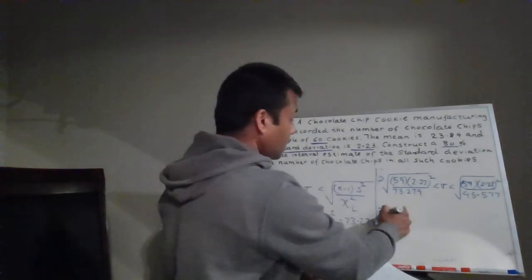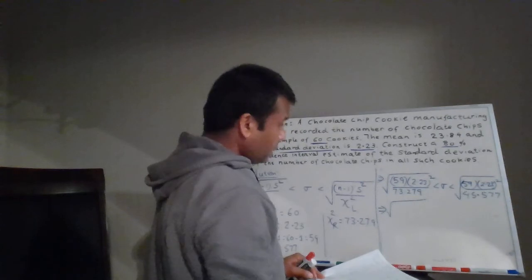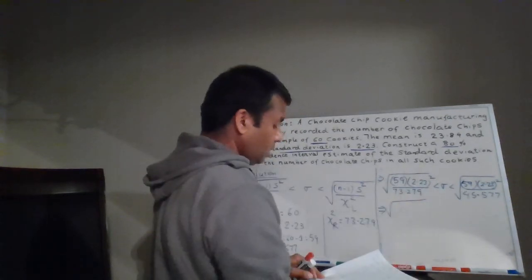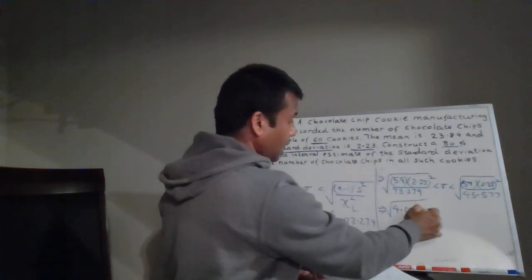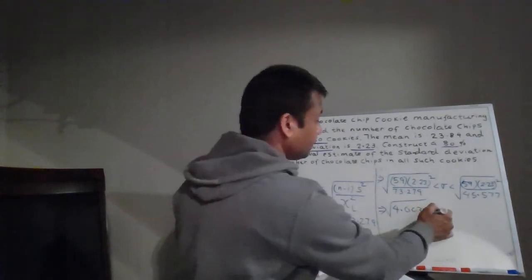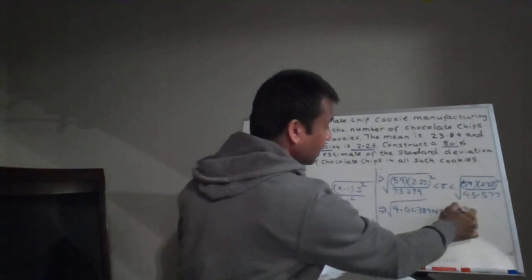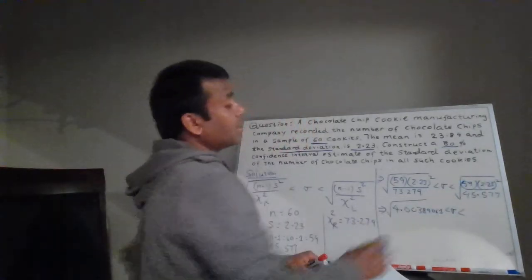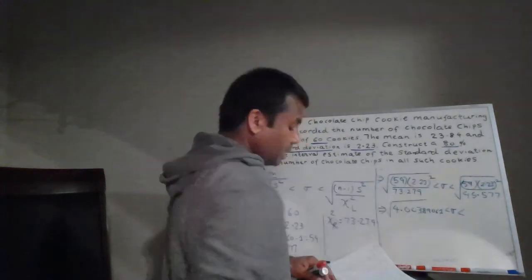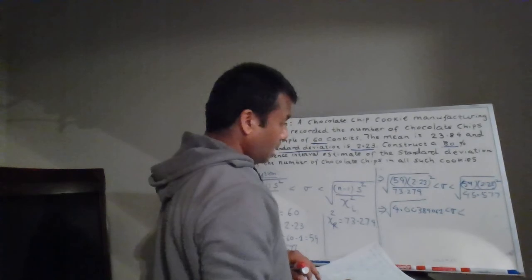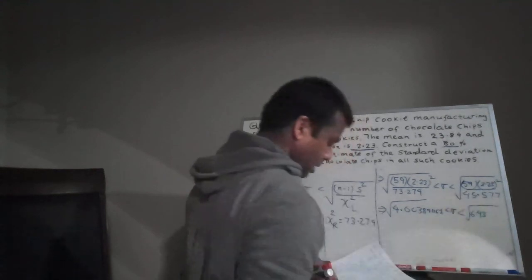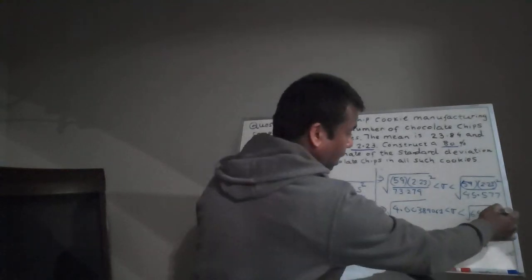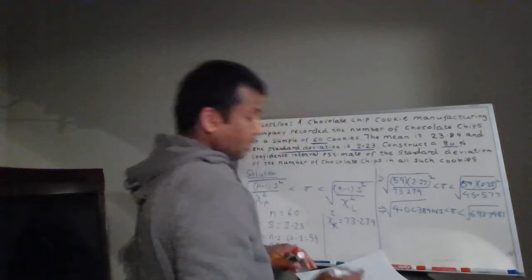If you use the calculator to compute this, you will end up with 4.00389 for the first and 6.43781 for the second, something like this, is less than sigma squared.